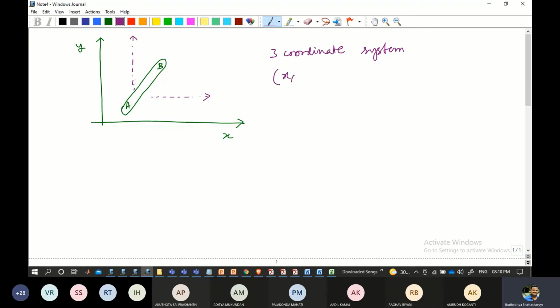Suppose I mark it as x a, y a, and theta a. So we need an x direction movement, a y direction movement, and maybe a theta direction at some point. That is enough to discuss this particular link, right? So we are looking at a scenario with 3 degrees of freedom.